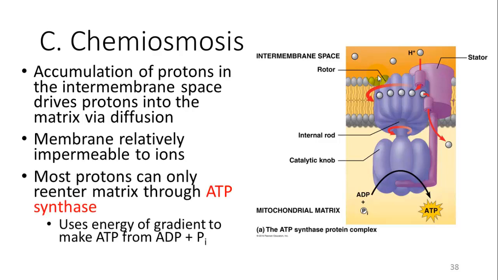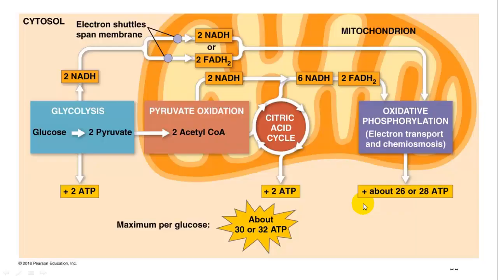As they do so, the energy of them passing through is used to form ATP from ADP. And so that then allows you to have an accumulation of ATPs. All these NADHs and FADH2s that we made were used, and it makes about 30 or 32 ATP.